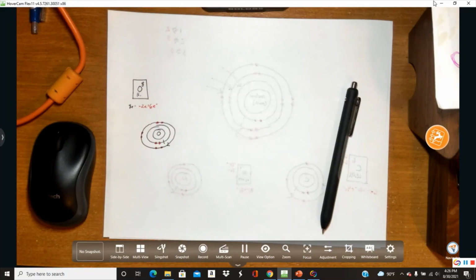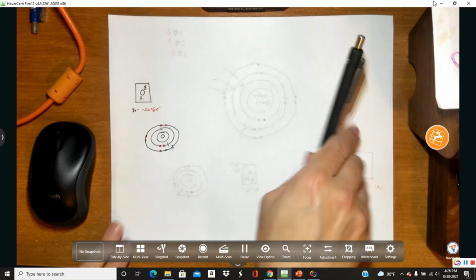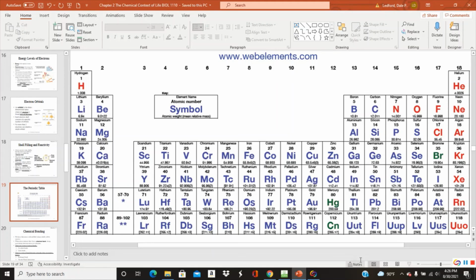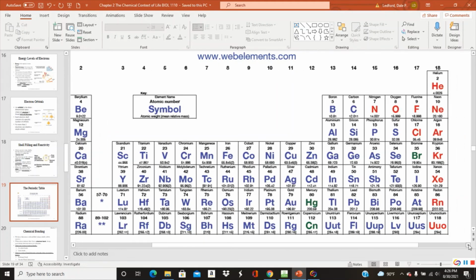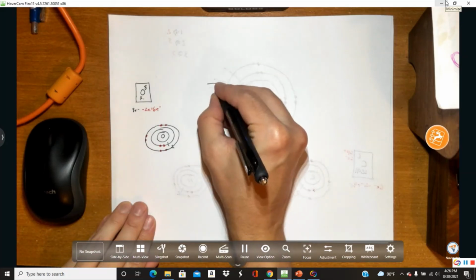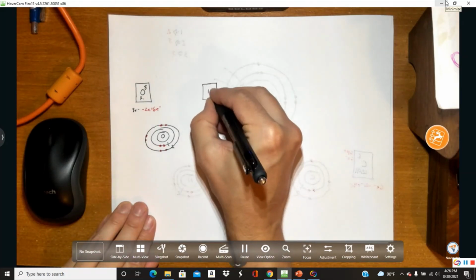Now, what if I did another element here? Let's pick another one. Let's pick neon, number 10. Neon 10.